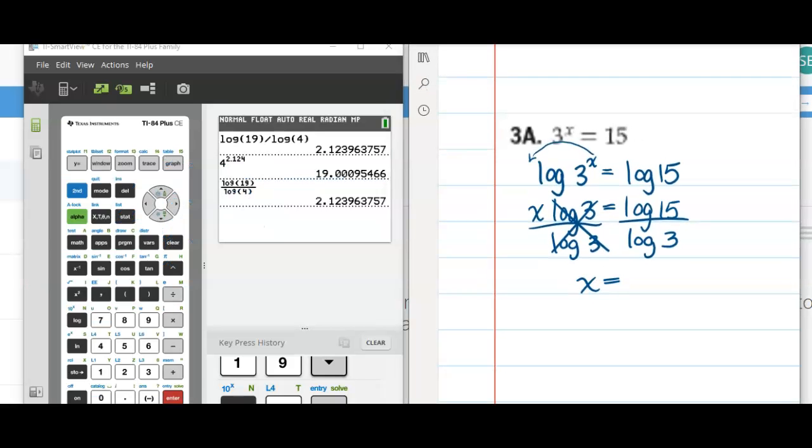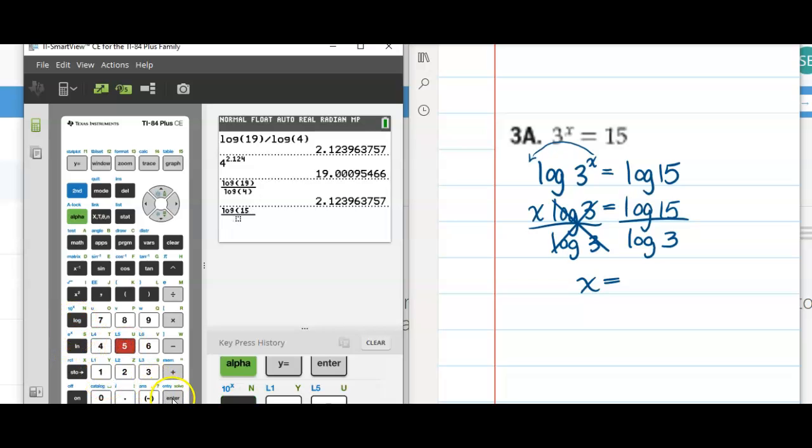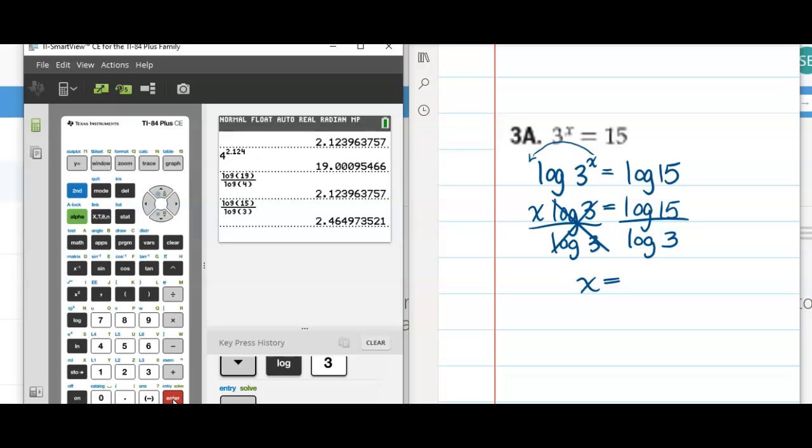Using my calculator, the log of 15 divided by the log of 3 is 2.4650 when we round it.